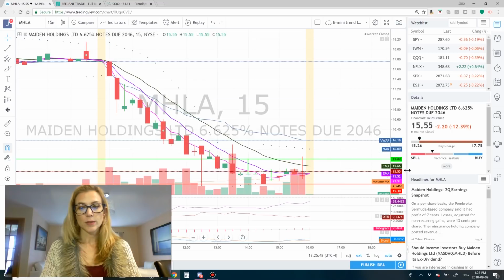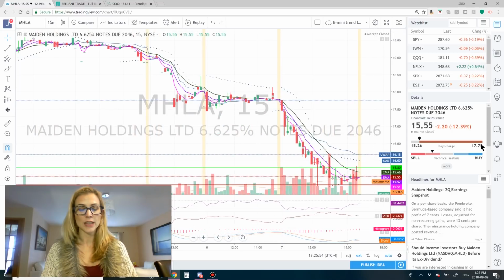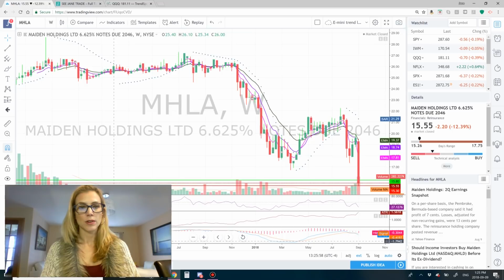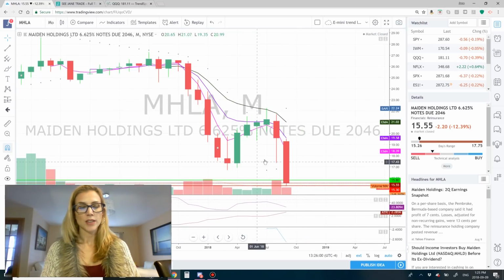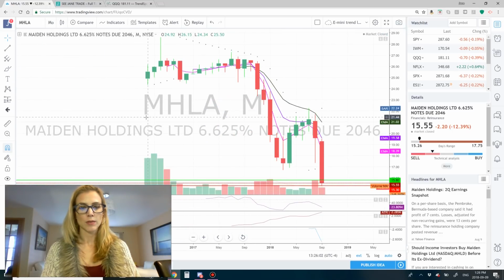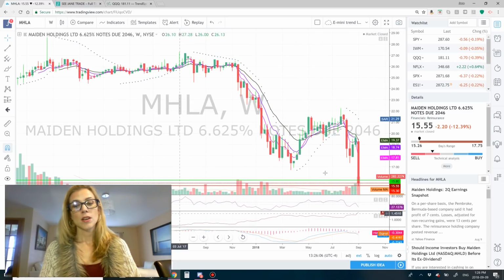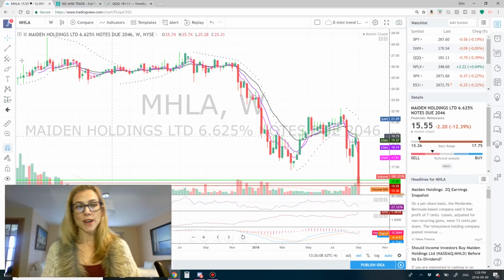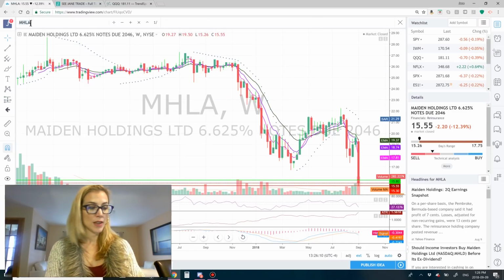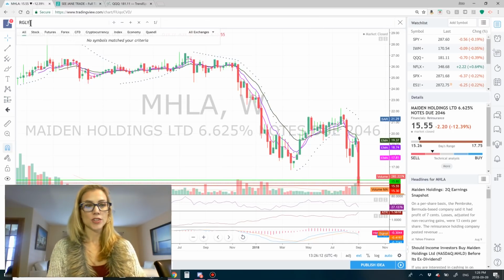So I would look for a support level of 15.30, resistance of 15.8, and keep it on watch because that is the low of the year. I'm not sure if it's 5-year low altogether. Yeah, all-time low for it. Well, they were just released in June of 2016. So this one could continue lower, all-time low right now for it. And they have 4.4 million, like I said.